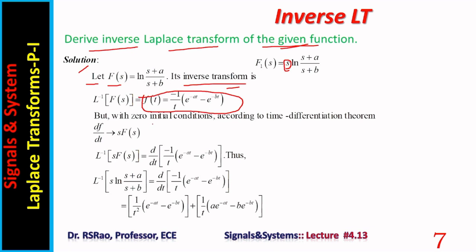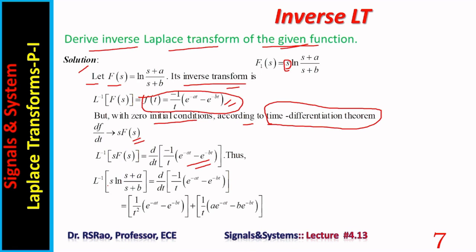But with zero initial conditions, according to the time differentiation theorem, the Laplace transform of df by dt is sF of s. So the inverse transform of sF of s becomes equal to d by dt of f of t, but f of t is available with us and it is substituted here.